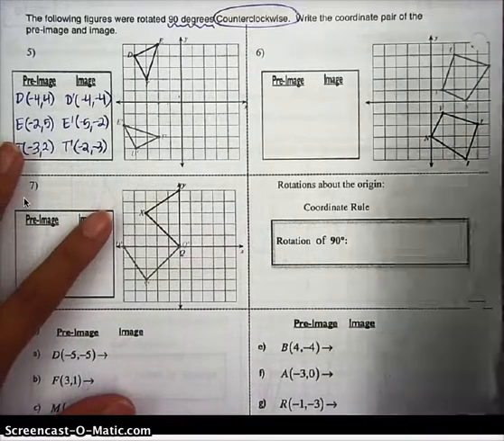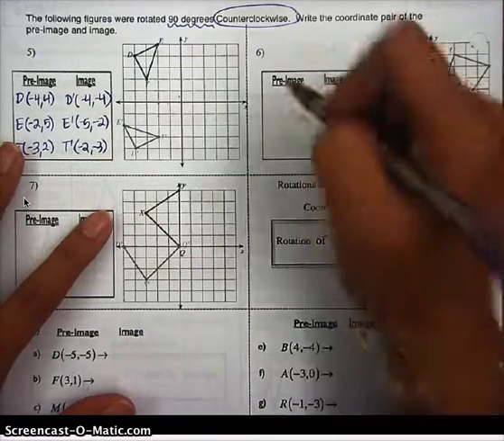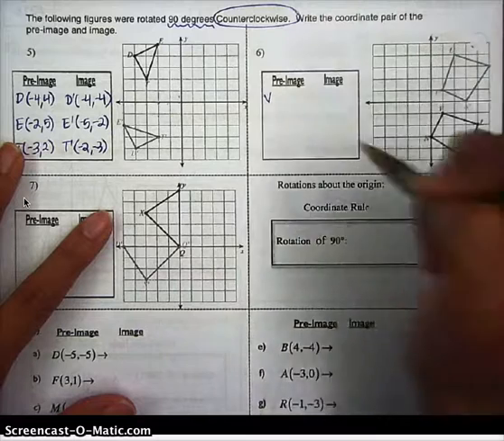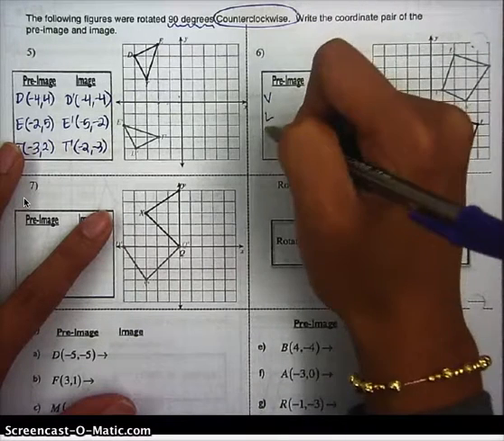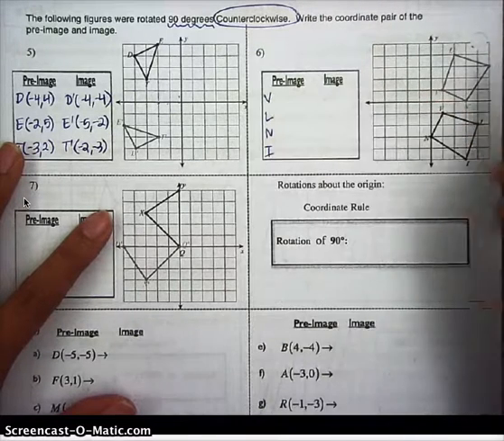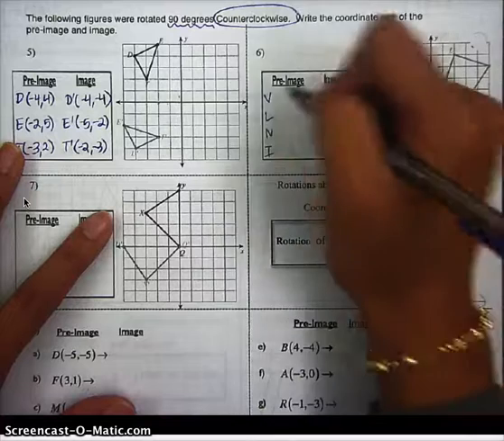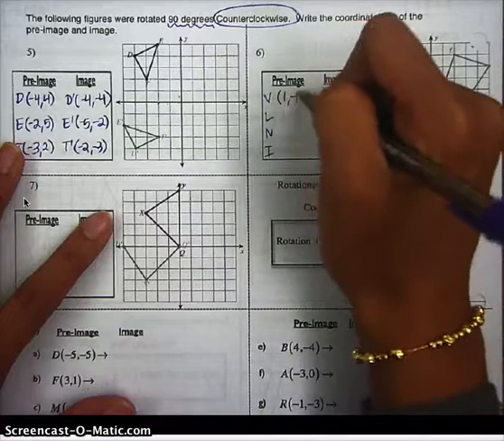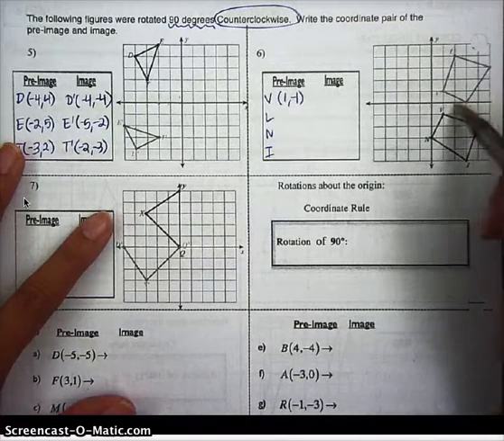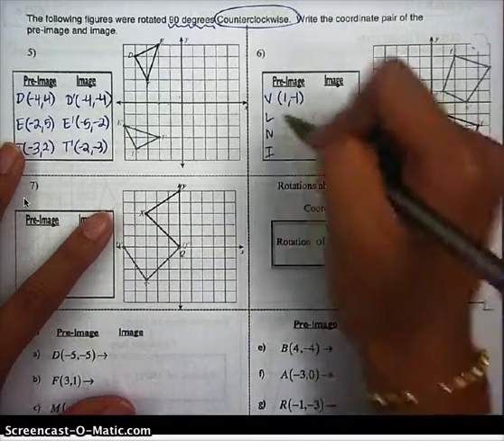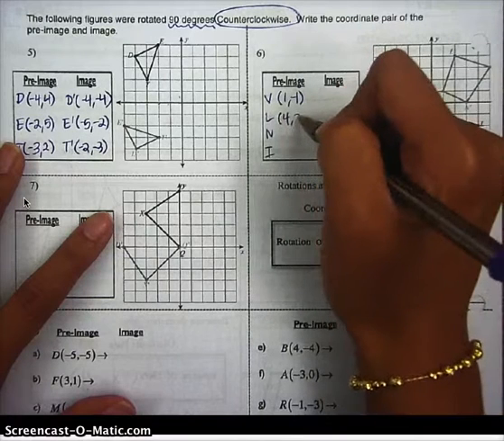So here I'm going to go ahead and write the preimage of V, L, N, and I. So V, it's 1, 1, so I'm going to put 1, -1. L, it's 1, 2, 3, 4, 1, 2, so it's 4, comma, -2.